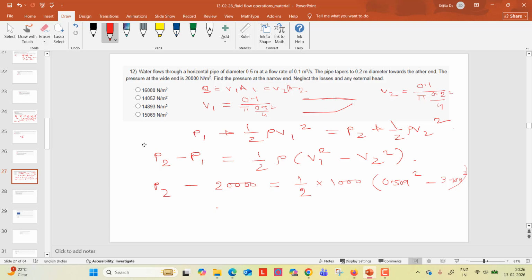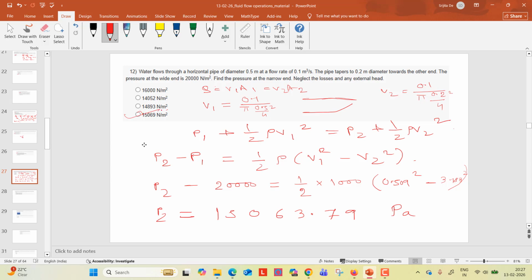So P2 is coming 15063.79 Pascal or Newton per meter square. So this is closest to option D.